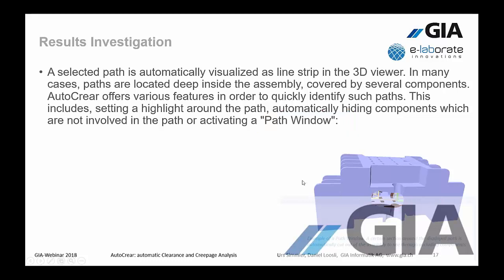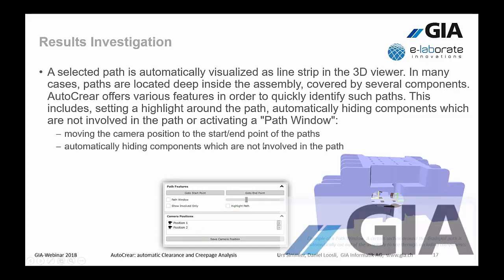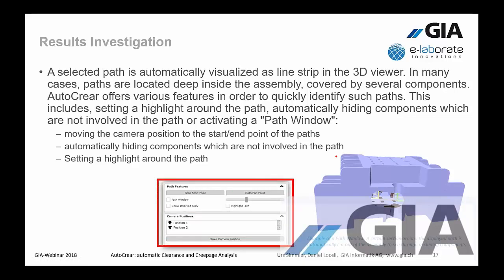So this is a very useful feature, and additional features are available in order to highlight the paths, in order to bring in additional positions or views for the documentation later on. So the thing here combined with the path window helps you to see the paths in complex assemblies very easily.